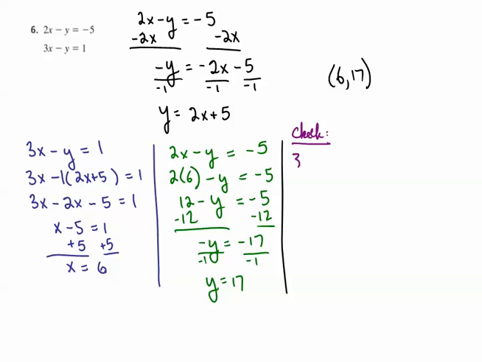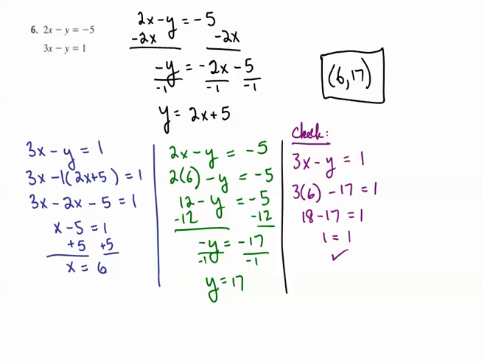So 3x minus y should be equal to 1. So it tells me that x is 6 minus y, which is 17. 3 times 6 is 18 minus 17, and that 1 is equal to 1, and it checks. So my ordered pair solution is indeed 6, 17.